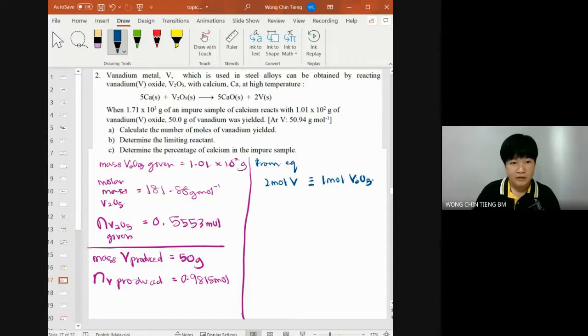Given vanadium saya sekarang 0.9815 mole of vanadium is given. So we are going to find how many mole of V2O5 needed. Okay, press your calculator. You will be able to find the number of mole V2O5 needed. Label sayang, label tu penting.